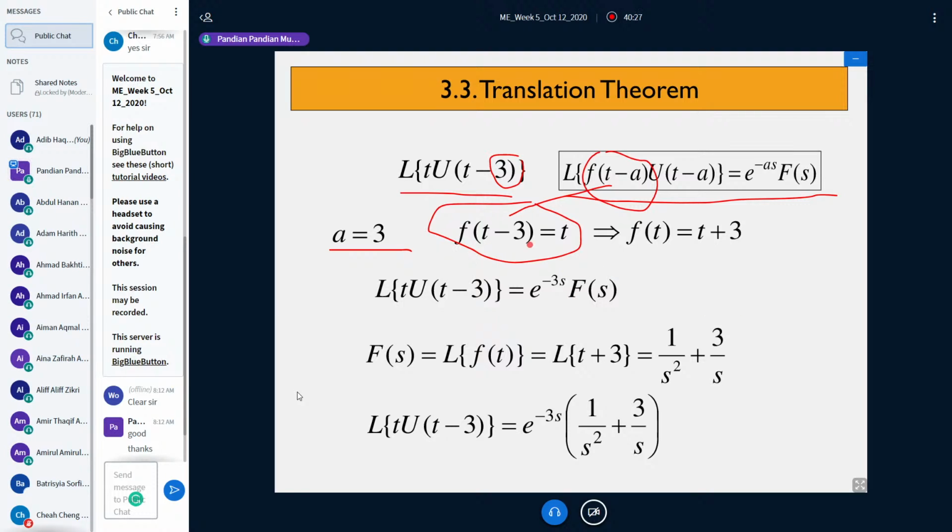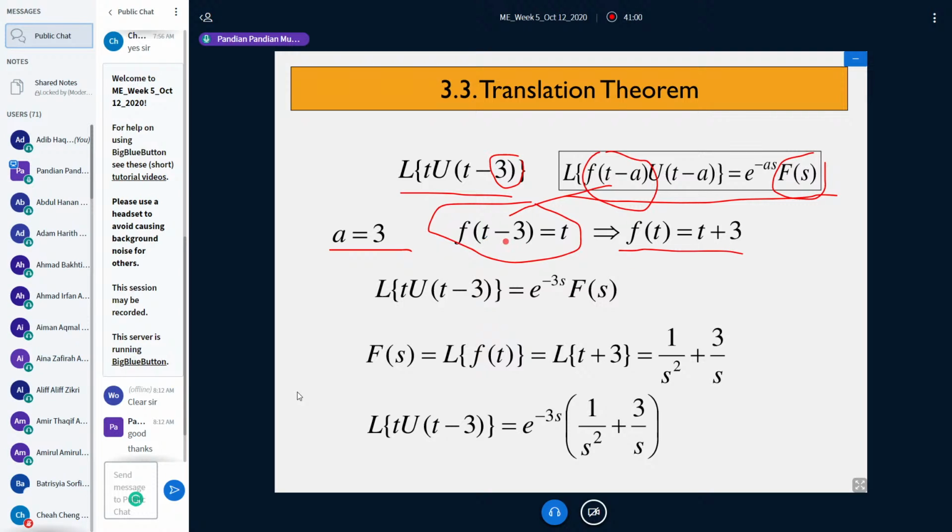So now, f(t minus 3) equals t, but what we need is f(t), because this is Laplace of f(t), not f(t minus 3). f(t minus 3), you just fit into the formula. But after that, this t minus 3 becomes t. Therefore, this t is t plus 3.